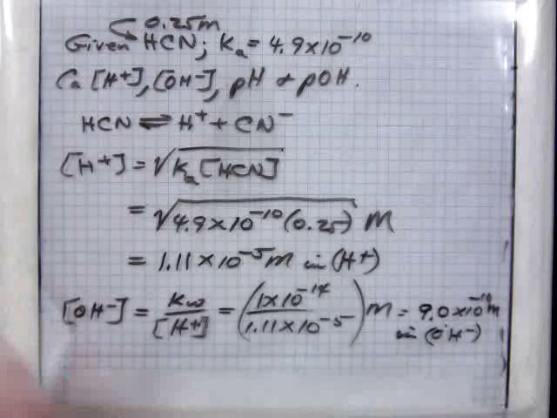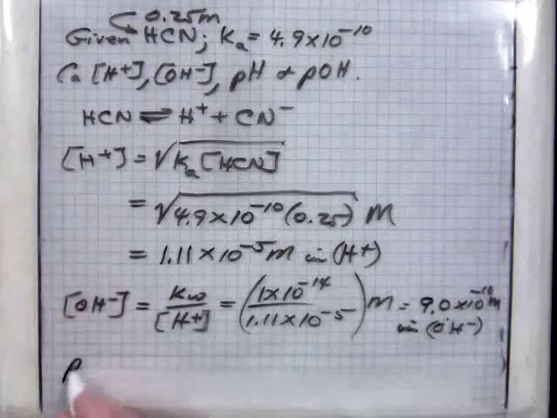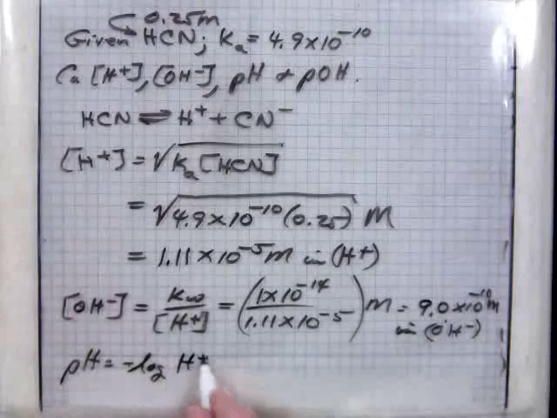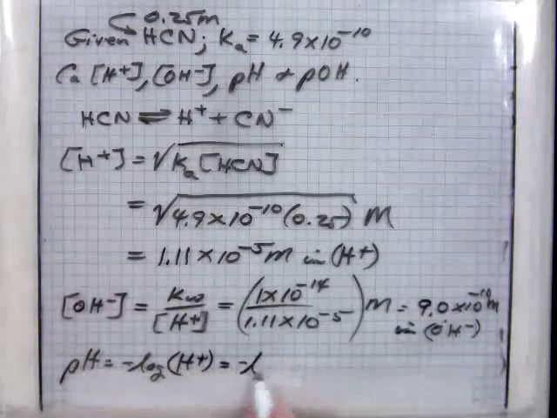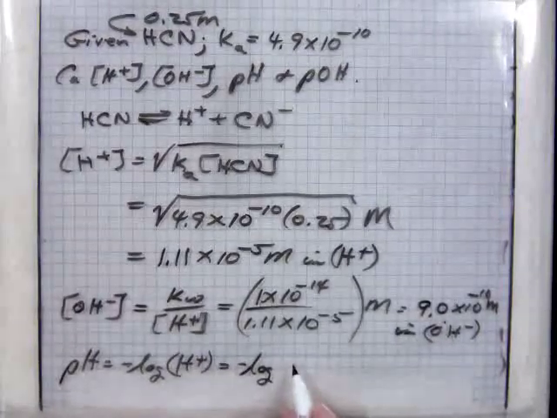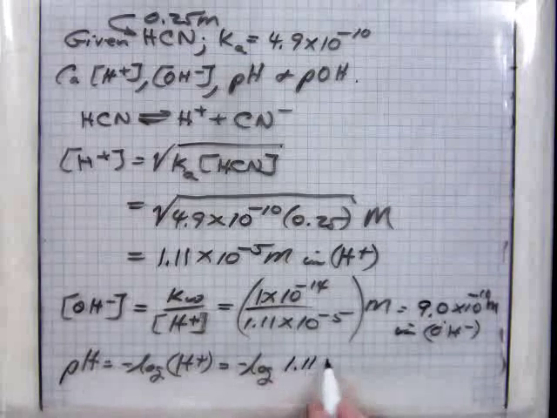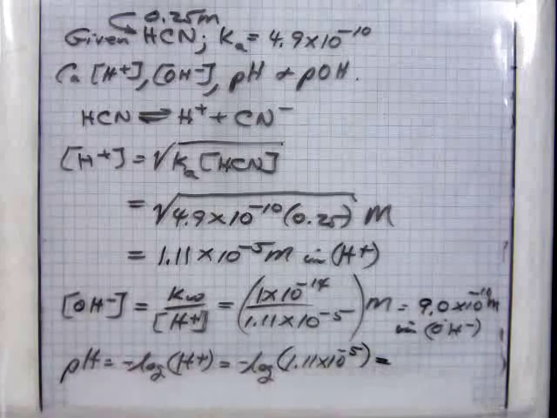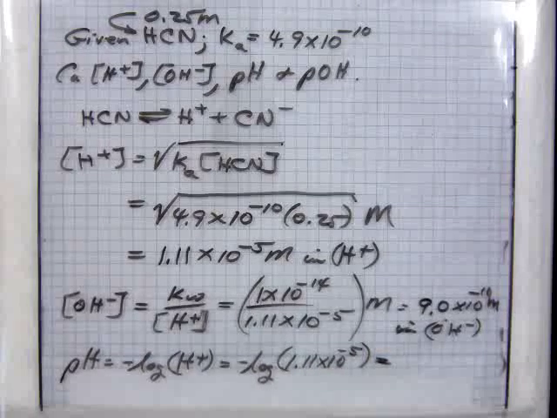And then finally, you have the pH being minus log of the hydronium ion concentration. It'd be minus log of 1.11 times 10 to the minus 5, which gives us 4.96.